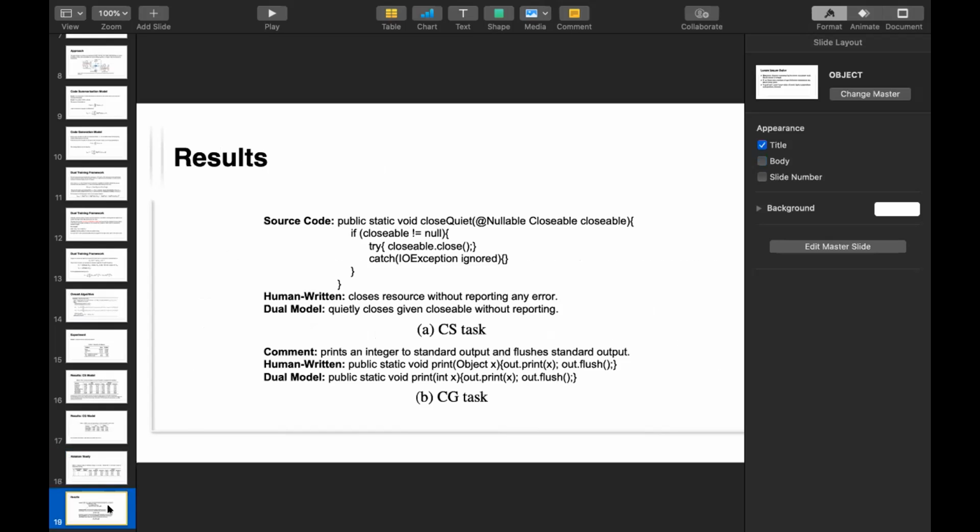And the last is some examples shown in the paper. So A is the CS task and B is the CG task.